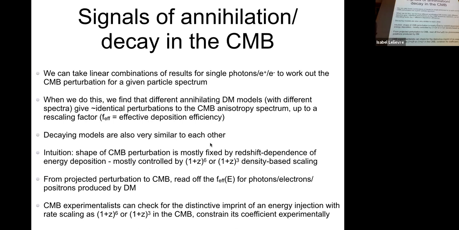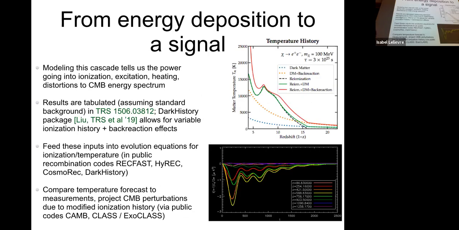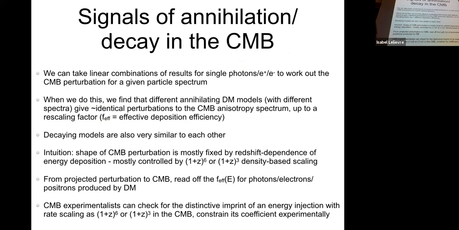When we do this, if I take linear combinations of injection at different redshifts and ask what this looks like for different dark matter models, all dark matter annihilation models have basically the same redshift dependence, which is density squared, and all dark matter decay models have basically the same redshift dependence, which scales with density. They have slightly different redshift dependences because particles injected at different energies can take a longer or shorter time to deposit their energy, but it's a pretty small difference compared to the overall density squared or density scaling.